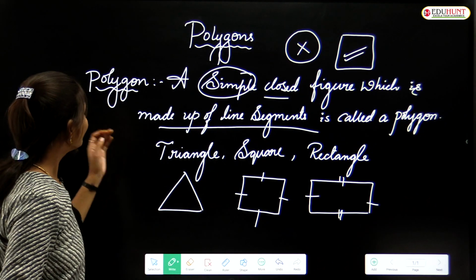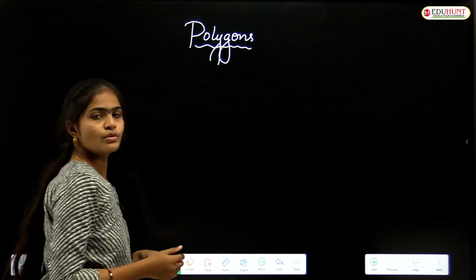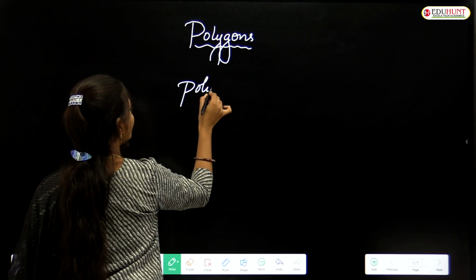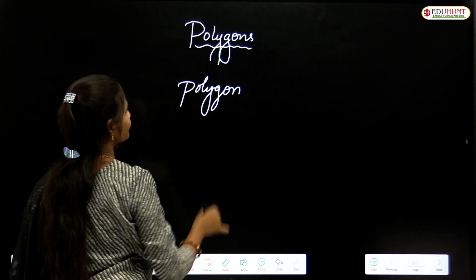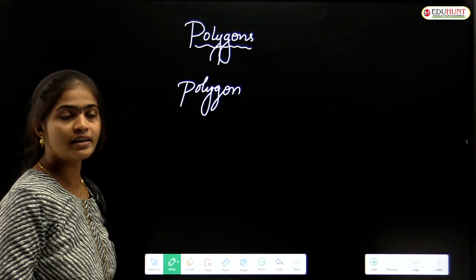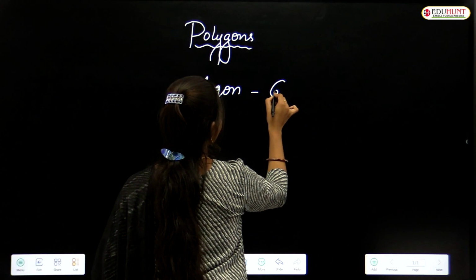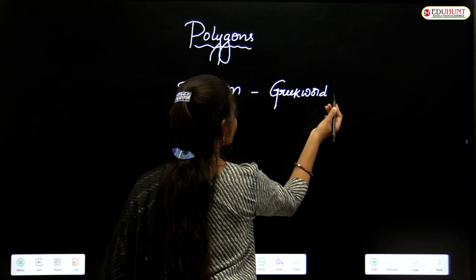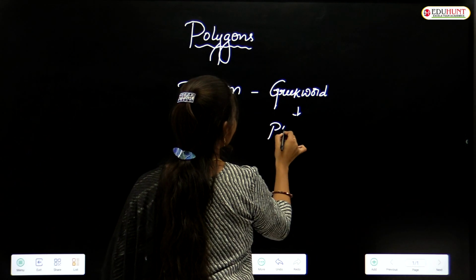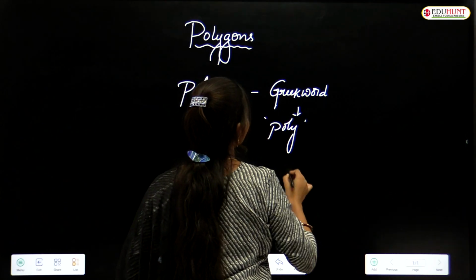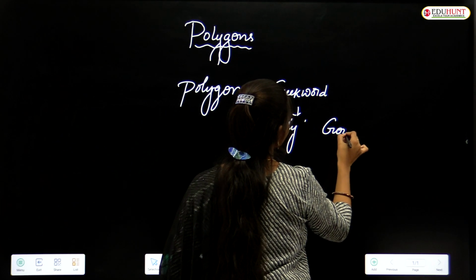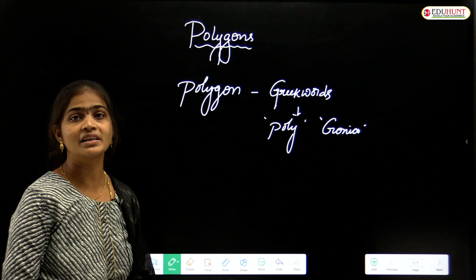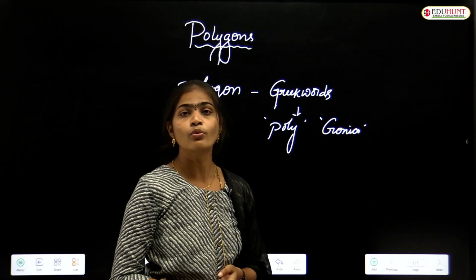Now here we are saying polygons. So we are saying the word polygon, right? Polygon is a word that came from Greek. So what is that Greek word? It is polygonia. It came from the words poly and gonia.